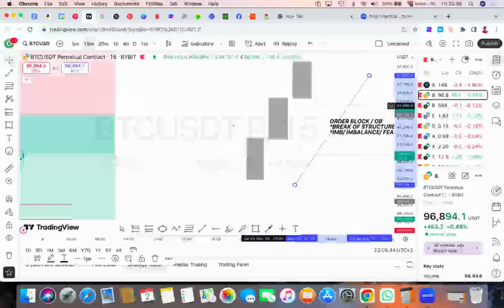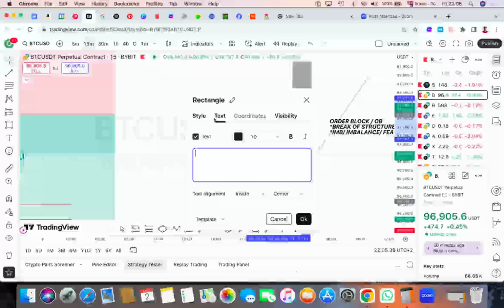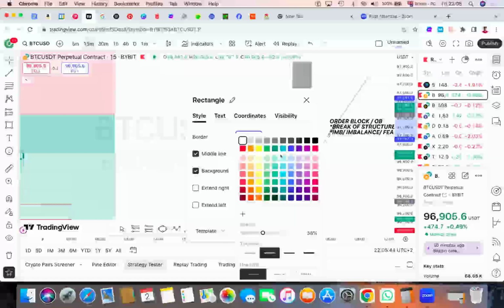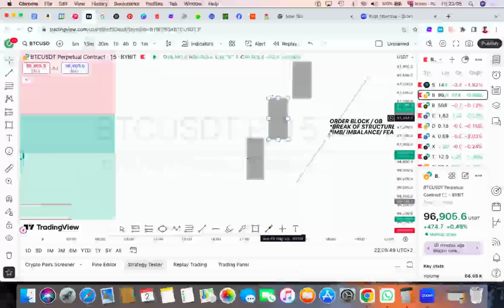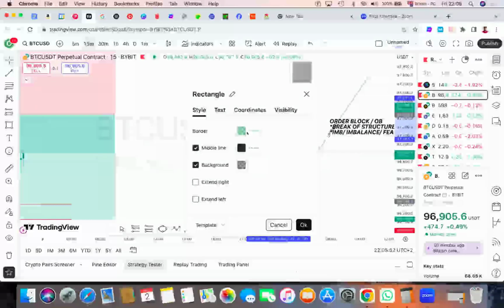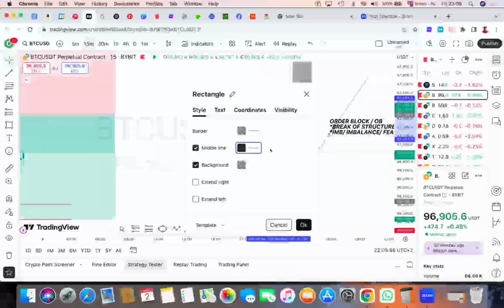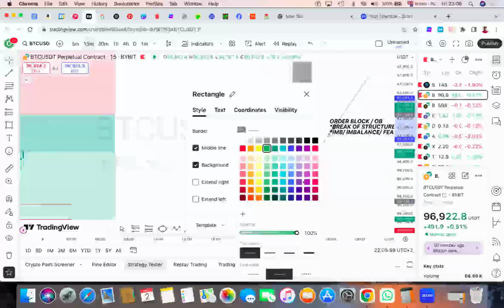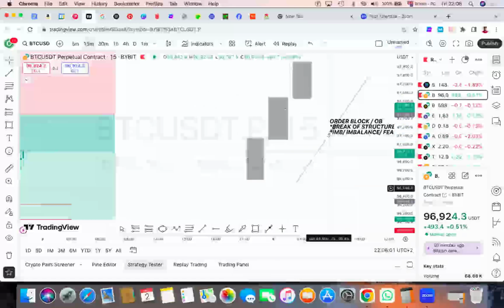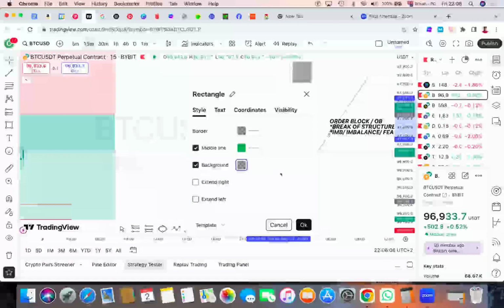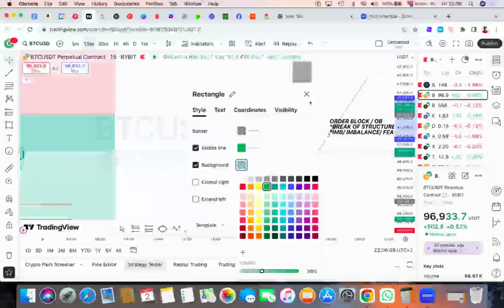So now let's assume that we are having this green candle here. Let me mock it up so that you can see the style. Let me just go to background and I go green. No, I think this is the border line. Border, no, black. And I go middle and I go green, 100%. So the middle line, the background, I go green. Okay.